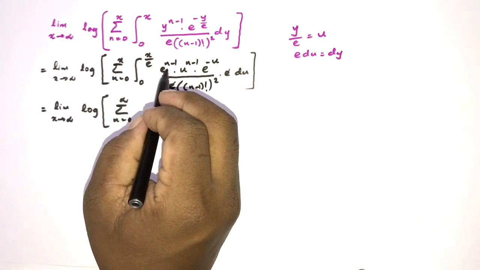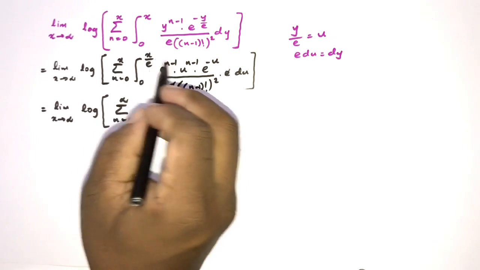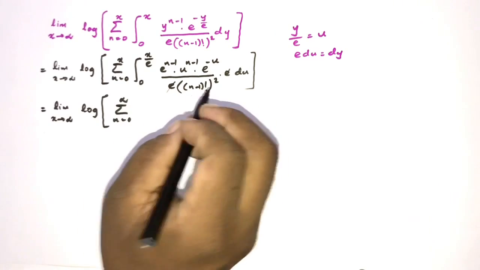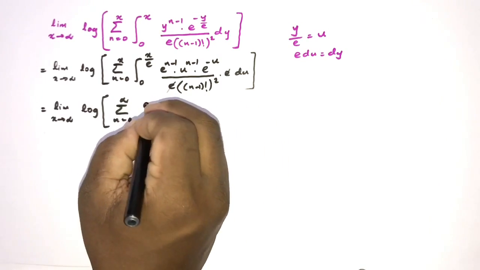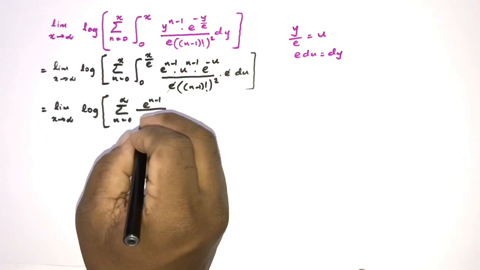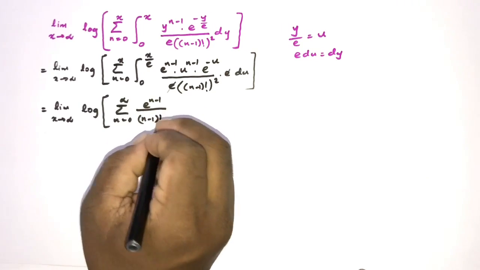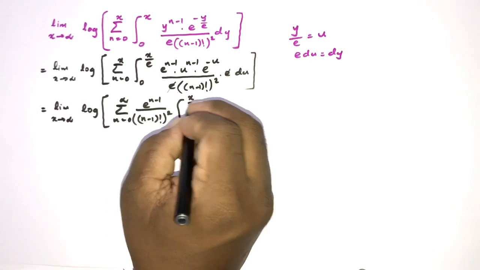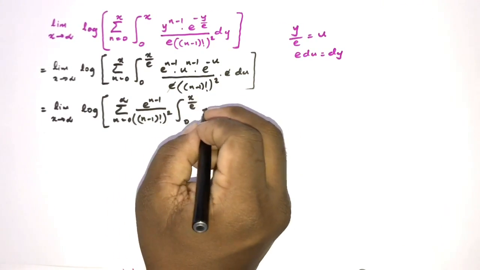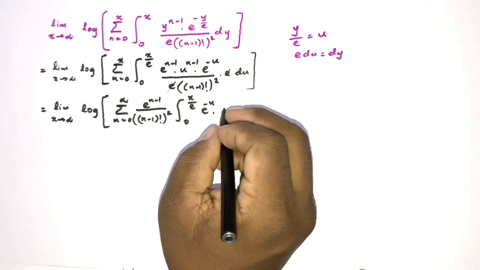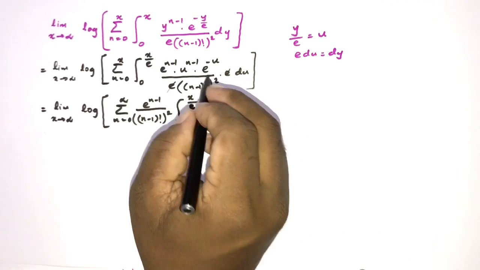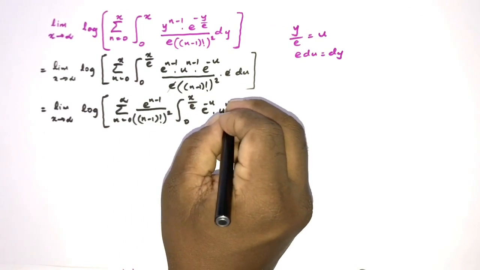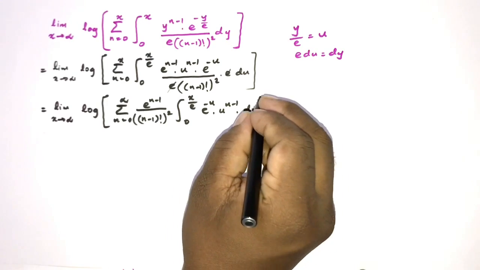Now e to the n minus 1 is a constant, so we can write it outside of the integral sign, and the denominator is also a constant, so we write e to the n minus 1 over n minus 1 factorial squared, times the integral from 0 to x over e of e to the minus u times u to the n minus 1 du.